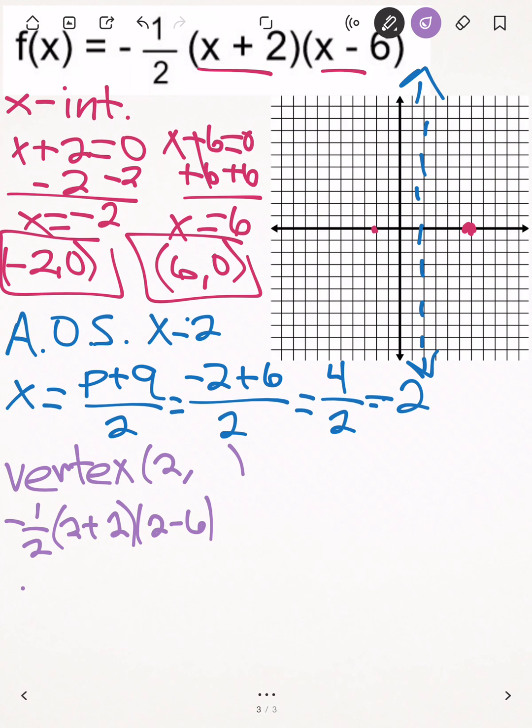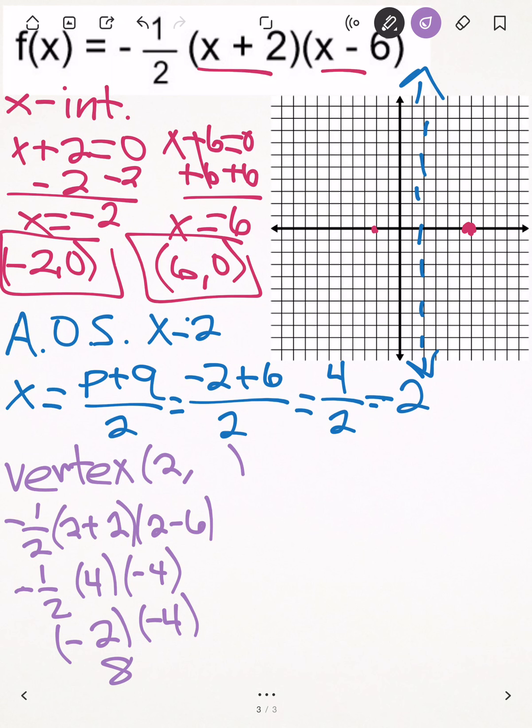So 2 plus 2 is 4, so I get negative 1/2 times 4. 2 minus 6 is a negative 4. And negative 1/2 times 4 is a negative 2. Negative 2 times negative 4 is a positive 8. So my vertex is 2, 8.